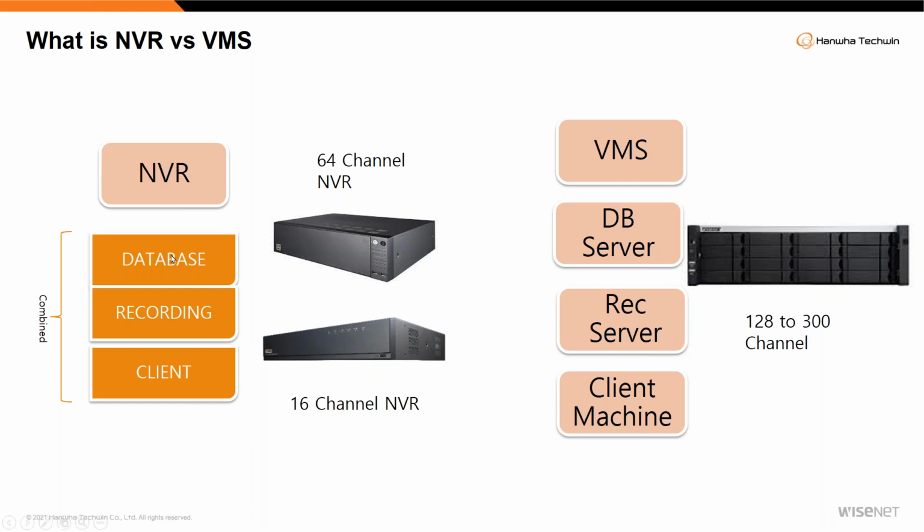It has a database. It is an all-in-one device with recording and client. It can handle recording of 64 cameras. It has two monitor outputs for displaying the video, live video playback, and the operator control is available all in one device. Then came VMS is when you want to manage multiple NVRs centrally.